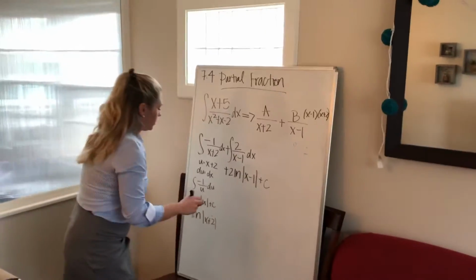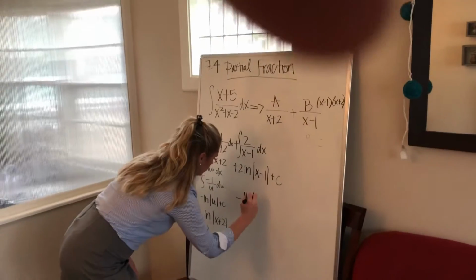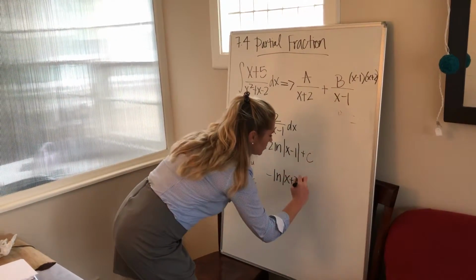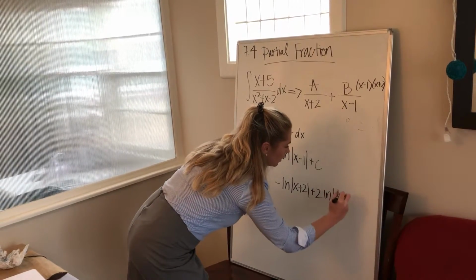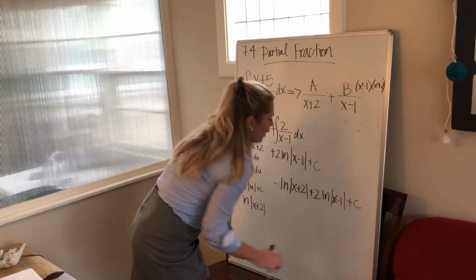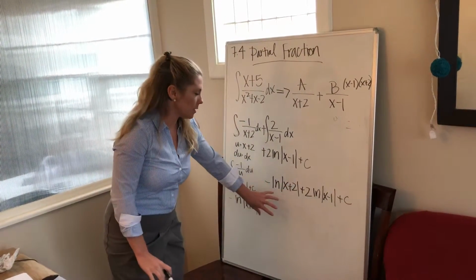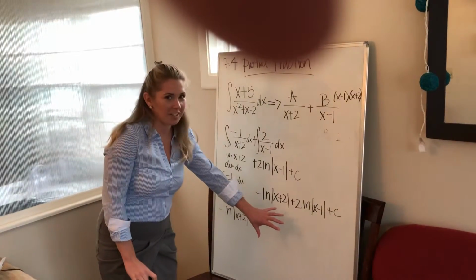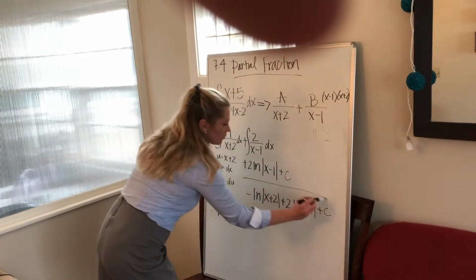So combining those two together, we have negative ln x plus 2 plus 2 ln x minus 1 plus c. I also want to look at my ln's and the inside of my ln's. Could these be simplified further? No, they could not. So this is my final answer.